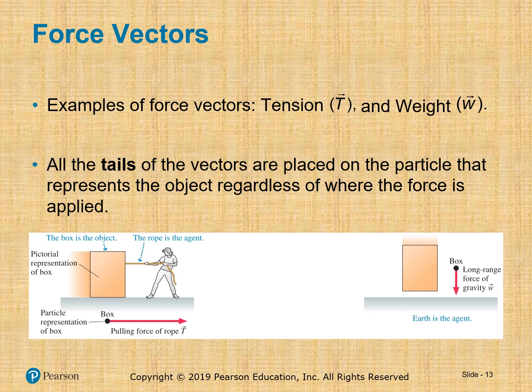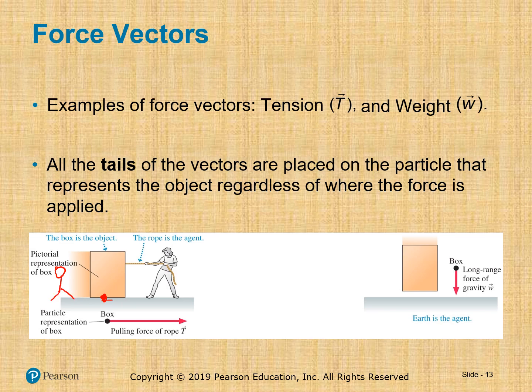Examples of force vectors, tension, and weight. So all the tails of the vectors are placed on the particle that represents the object, regardless of where the force is applied. So this is the object. Wherever that force is going, it doesn't matter. The tail of the vector will be here. So she could be standing over here and pulling on the rope.